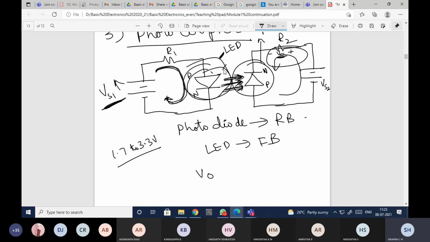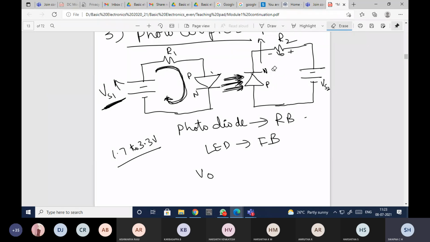Let me just summarize once again. Here I am using an LED and a photodiode.